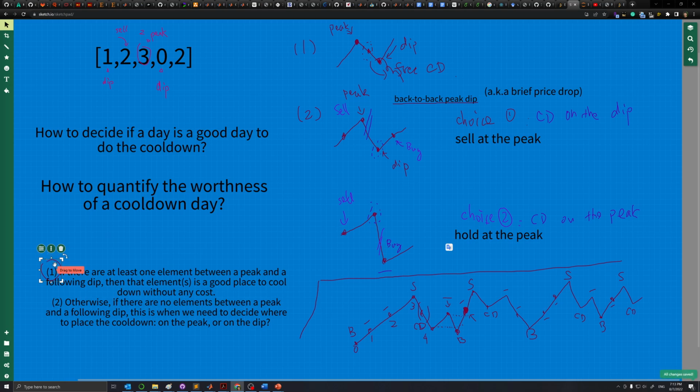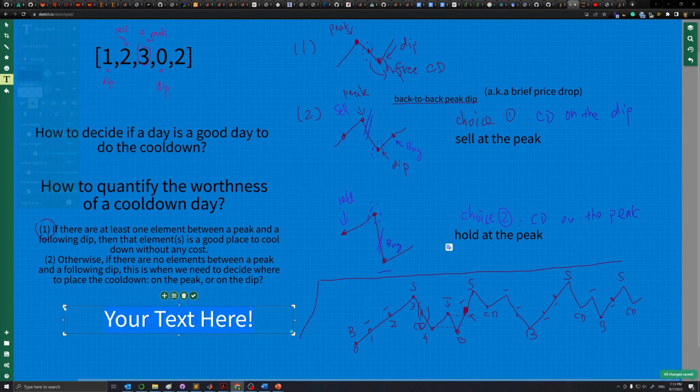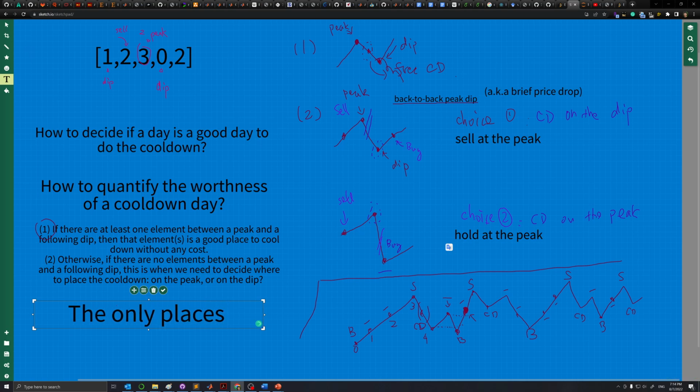So that's our new revelation here. Let's just write it down. The only places that require extra attention are the back-to-back peak-dip short price drops, like one-day price drops.